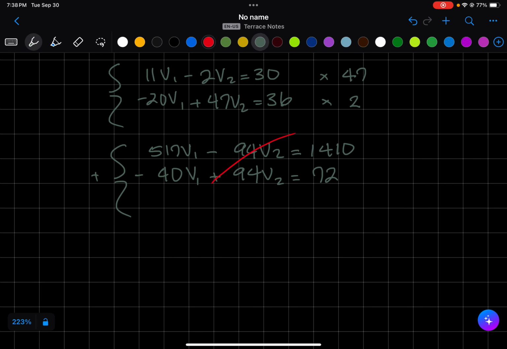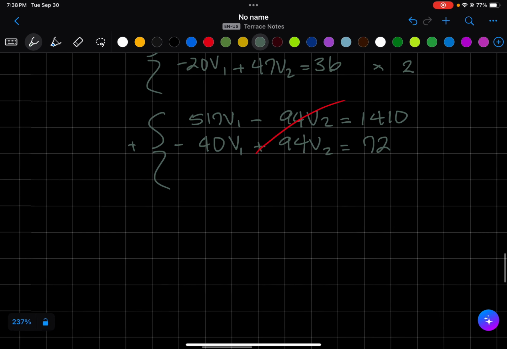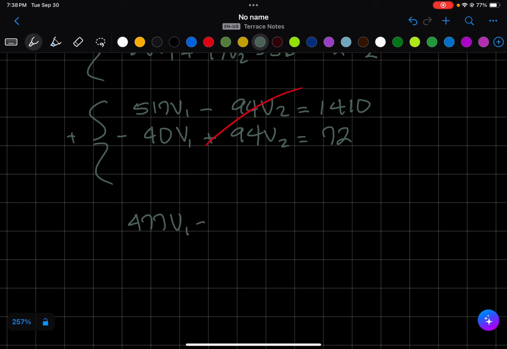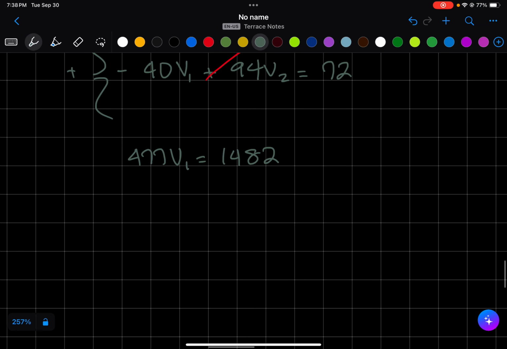Then 517 minus 40 is 477 v1 equals 1410 plus 72 gives us 1482.